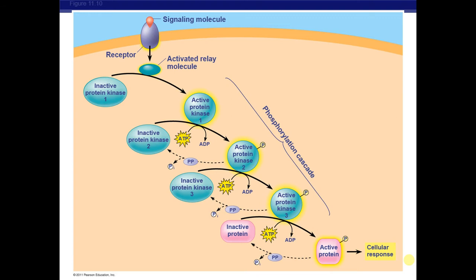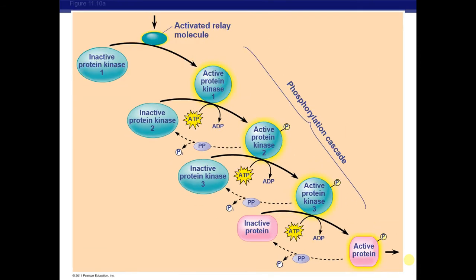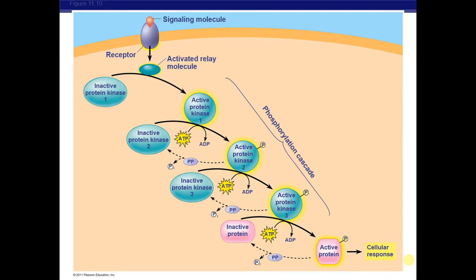So going back to this picture from last time and specifically looking at the phosphorylation cascade because it happens in most cells. If you remember, this is the reception phase where a signaling molecule binds with the binding site of our receptor and causes it to become active.